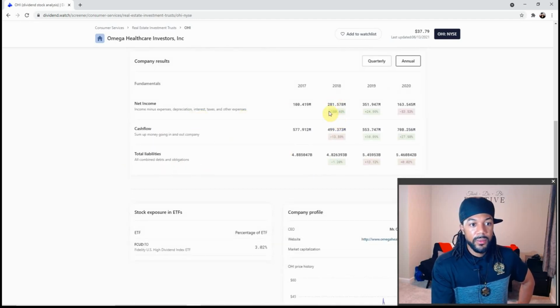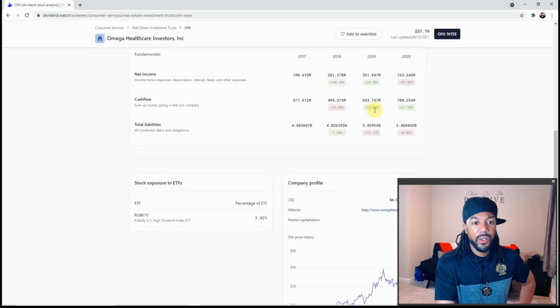And net income, it was positive. And again, in 2020, a lot of people got hit, so it went down. But they had a positive net income the years before. Cash flow, it was negative in 2018, 2019, 2020 positive. And liabilities, it went down and got a little bit more debt and liabilities, but not much, 0.02% in 2020.